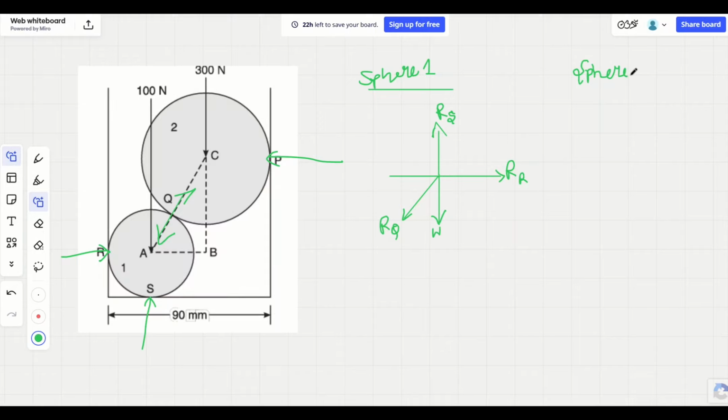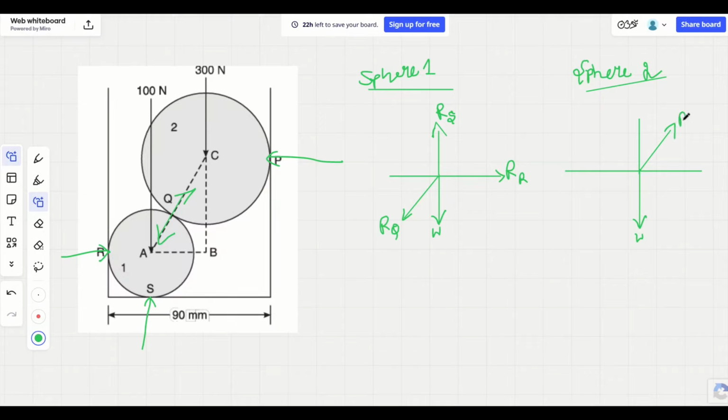For sphere 2, the weight of the sphere is acting downward, so it will be W. Next I will draw the quadrants. This one is moving in this direction, so it will be RQ for this.